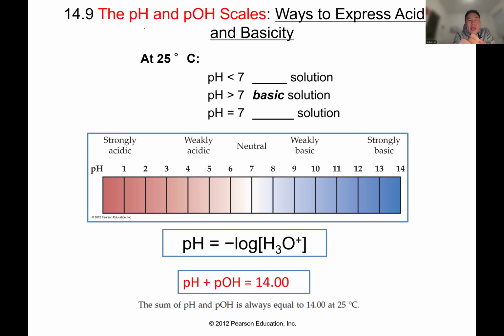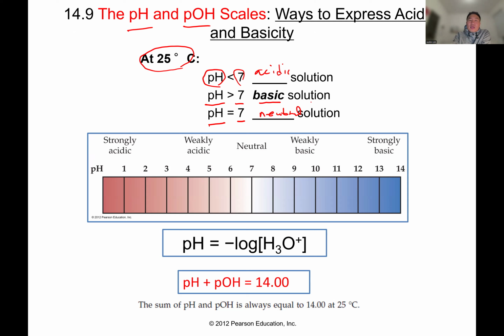So pH and pOH scales are ways to express acidity and basicity. At 25 degrees Celsius, pH less than 7 is an acidic solution. pH greater than 7 is a basic solution. pH equals 7 is a neutral solution.